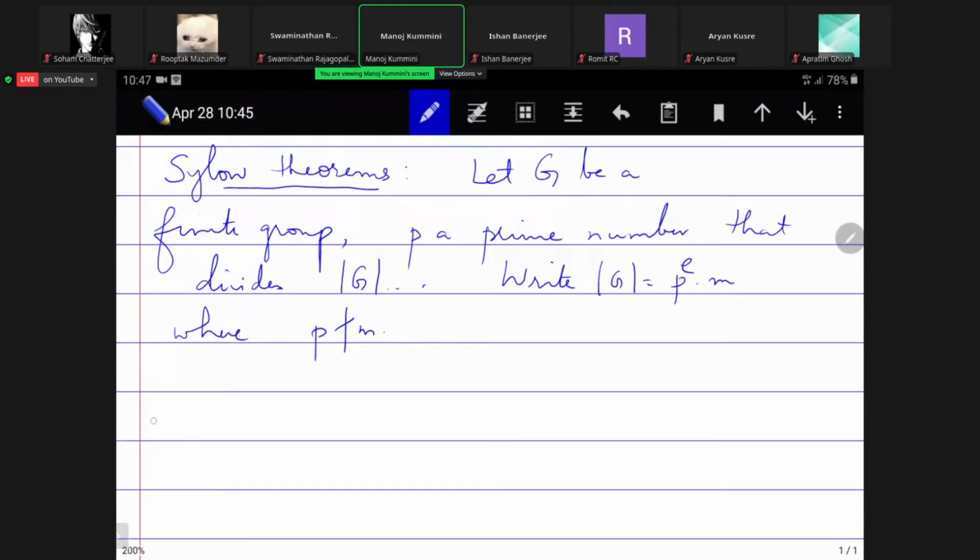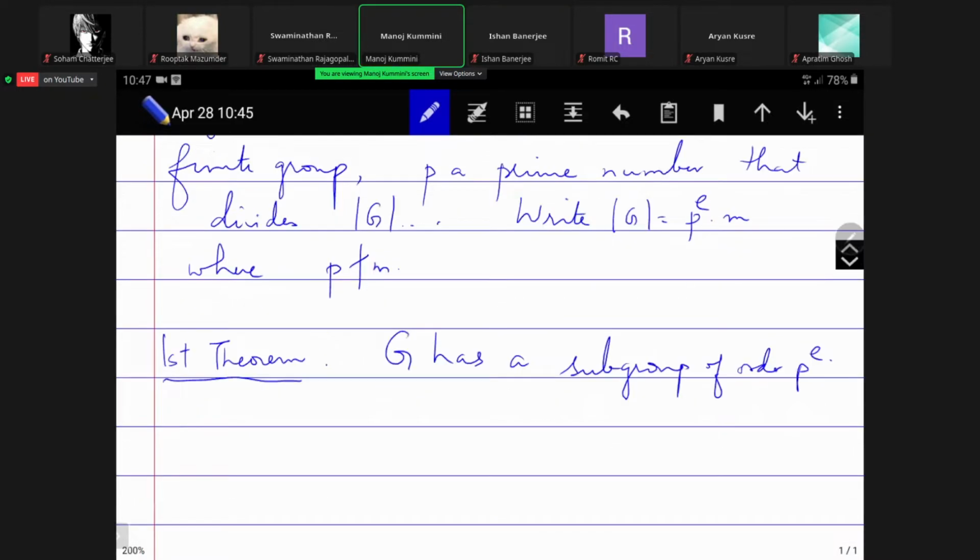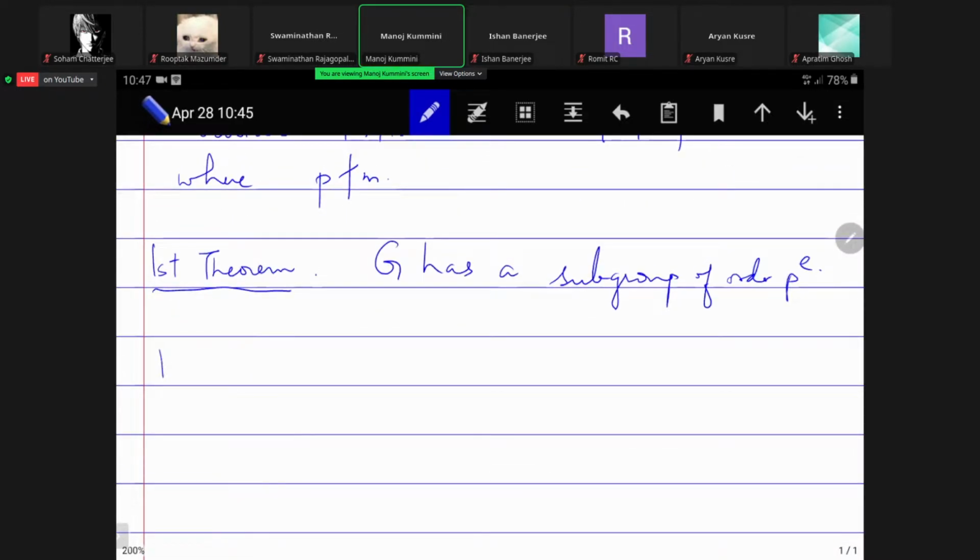And so the first theorem: there exists a subgroup of order P to the E. G has a subgroup of order P to the E. Okay, so I just want to introduce a definition.